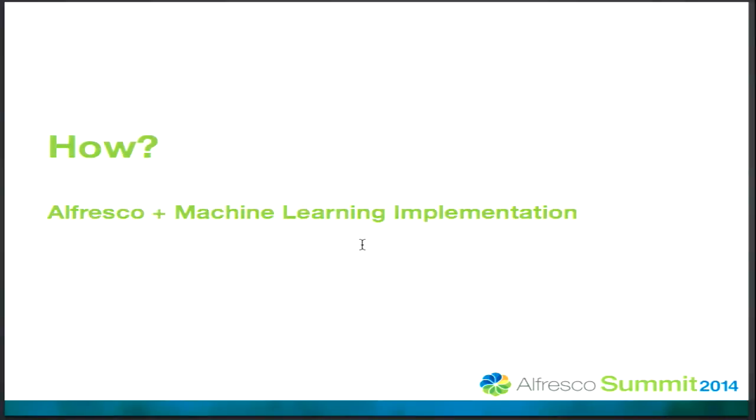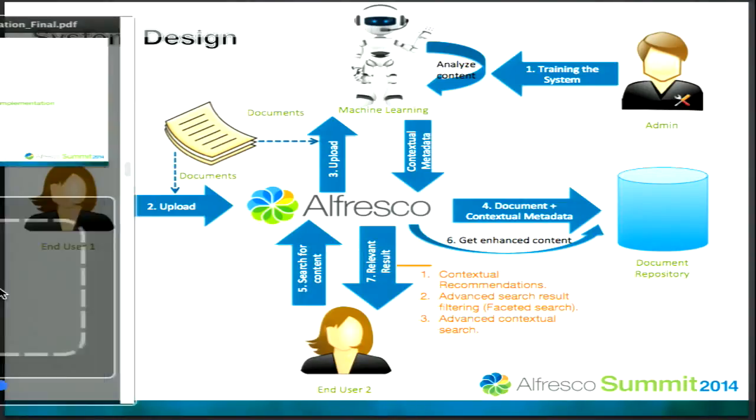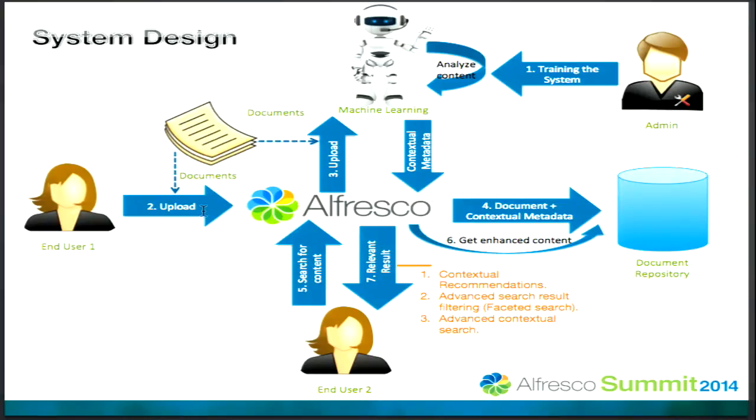These things I will explain properly in the demo, and this is the high level design of the system. First, the admin has to train the system. This is to learn from the previous experience and knowledge. Then the machine learning component comes up with a model which is capable of making smart decisions.